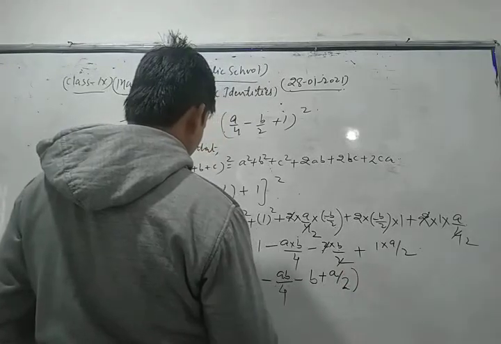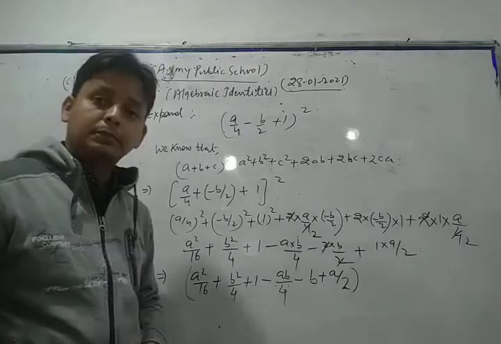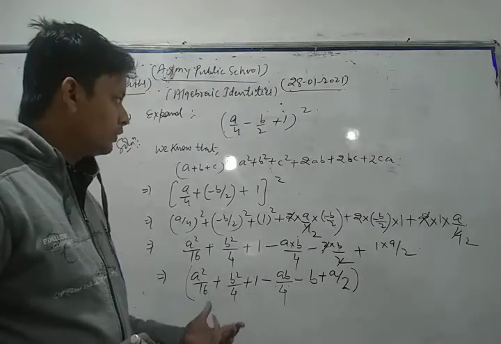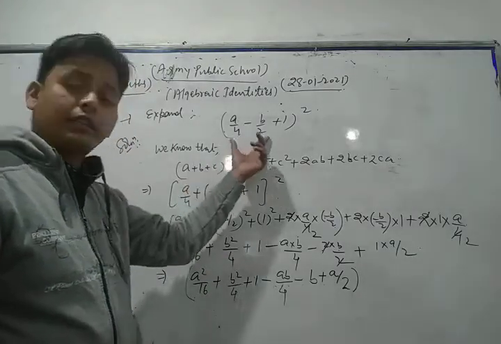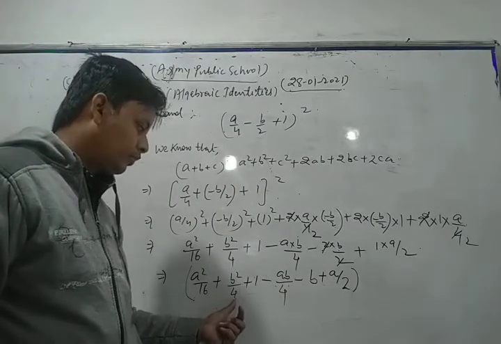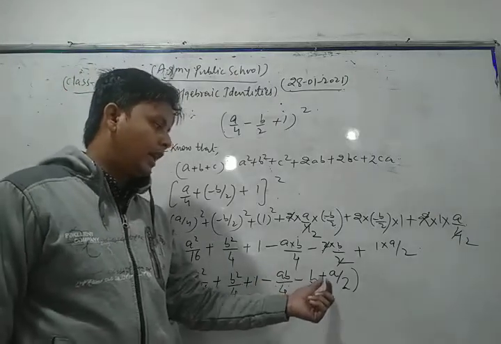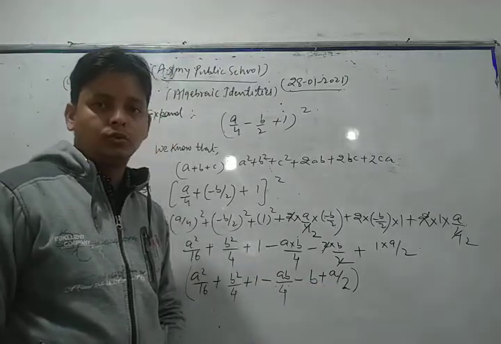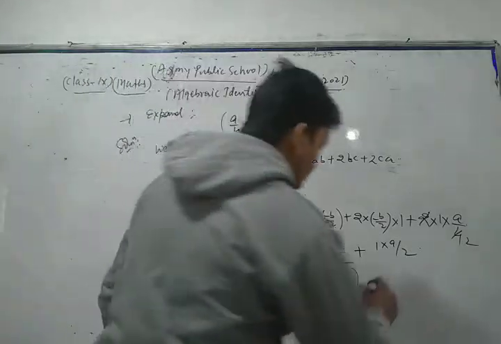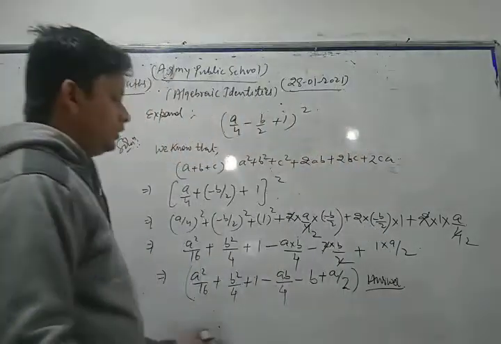Okay, this is the required result. Thus in this way we can say that the expanded form of the given question is a square by 16 plus b square by 4 plus 1 minus ab by 4 minus b plus a by 2. Okay dear students, so this is the required solution of the given question.